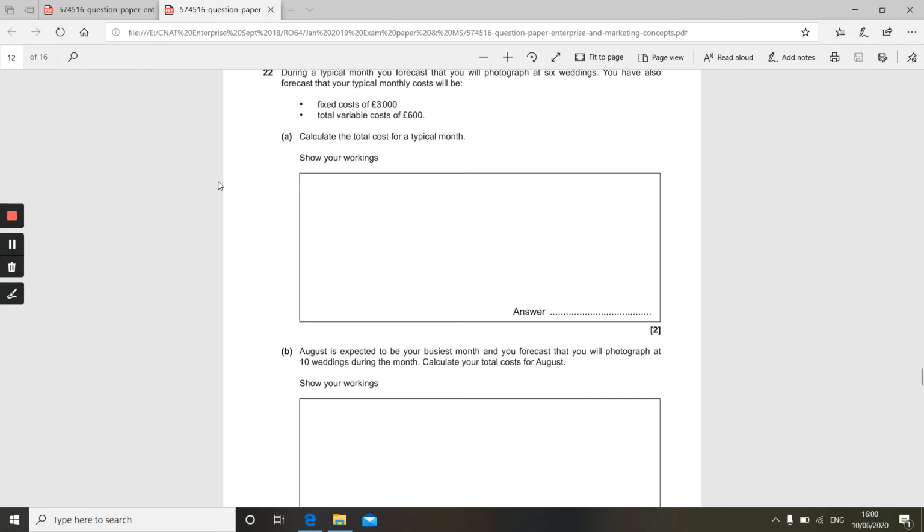So the variable costs per wedding, we need to work out. It says you've got 10 weddings during the month of August. Work out what the variable costs are per wedding, work it out for August, and then work out what your total costs are.